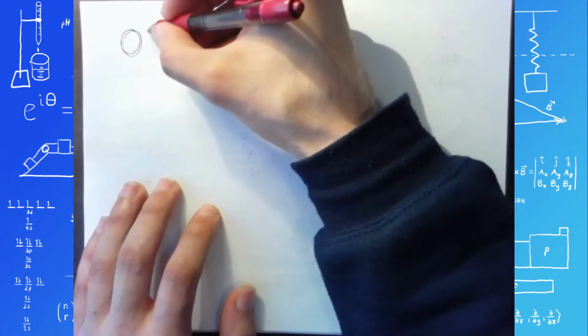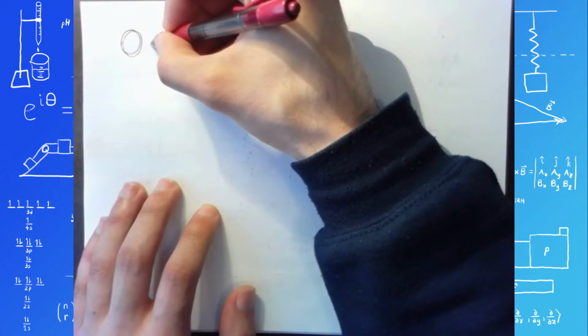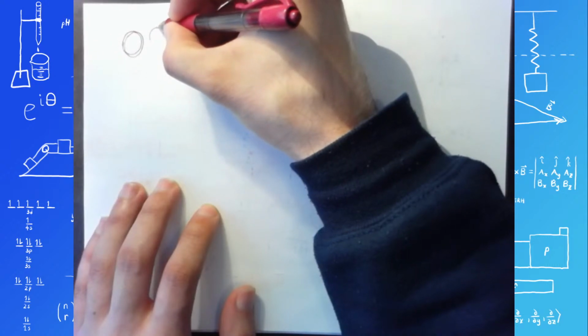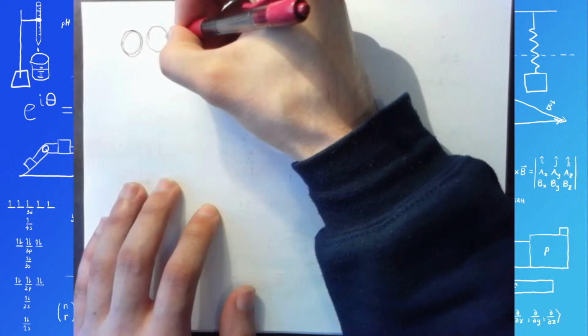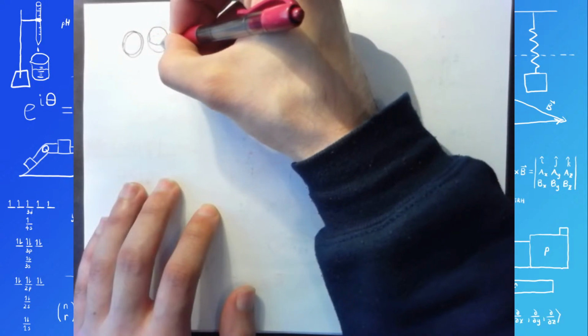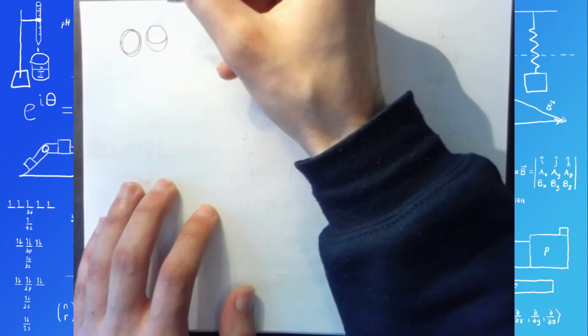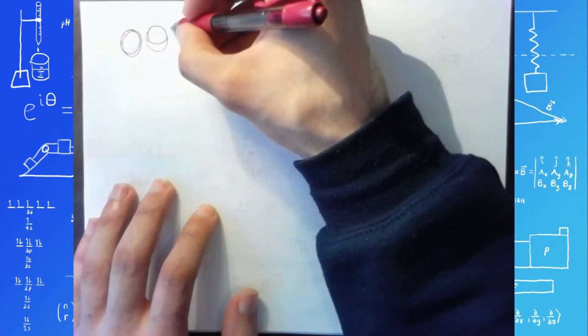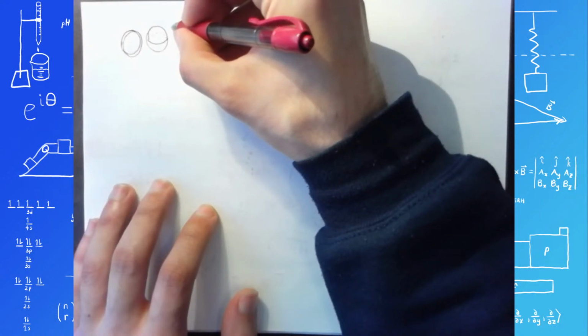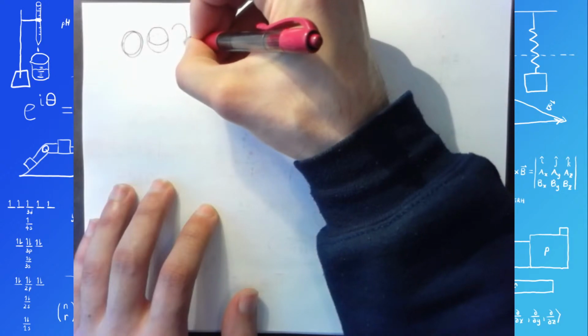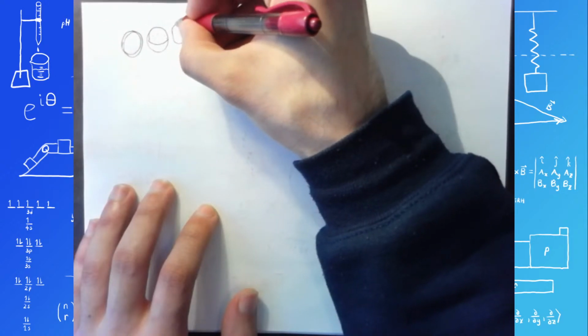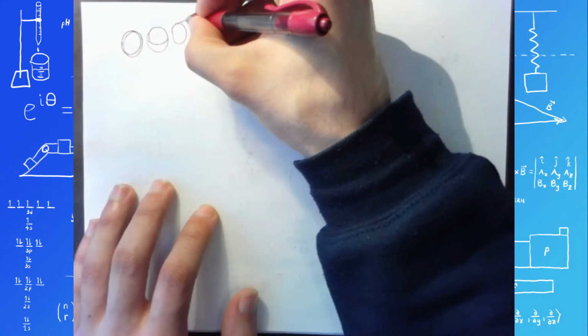A ring. We are also going to have a solid sphere. Of course, there's no way you can visually tell if this is solid or hollow unless I just specifically tell you. And for our third contestant, we are going to have a cylinder or disc.